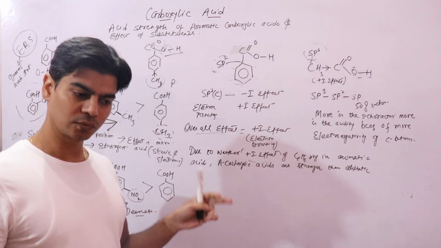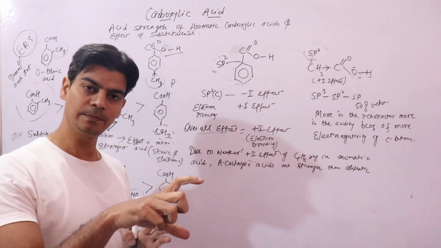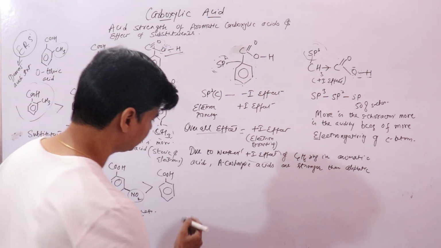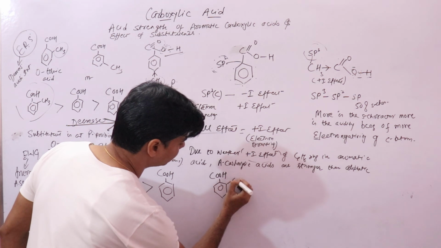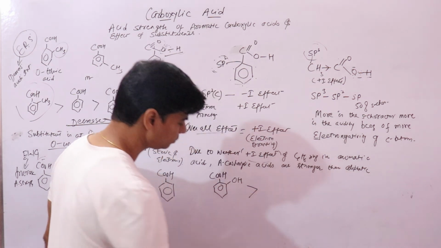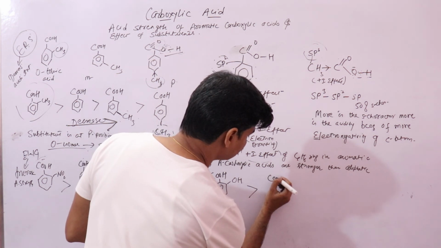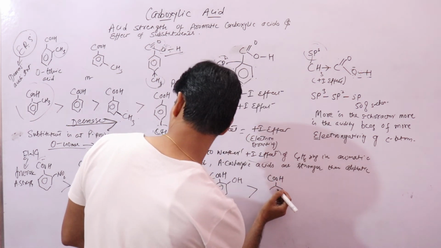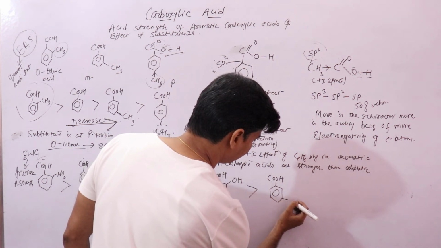But irrespective of electron releasing or electron withdrawing, when the substituent is present at ortho position, it would be declared the strongest acid, right? So when OH is present here, it would be the strongest acid, right? And when it is present at meta, the effect is less.